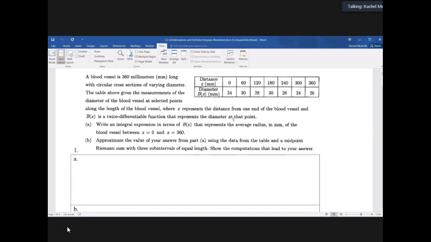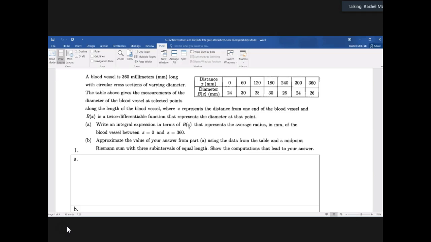If you go back up to that original, one of the questions I usually get asked is why is B of x over 2 and not just B of x? Anybody know why I have it over 2?